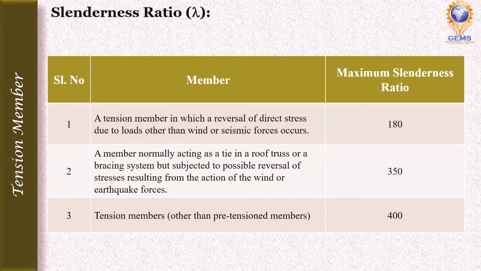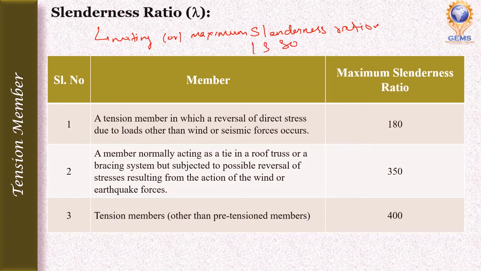Then there is a limiting or maximum slenderness ratio. This is given by IS 800 1984 as well as IS 800 2007.